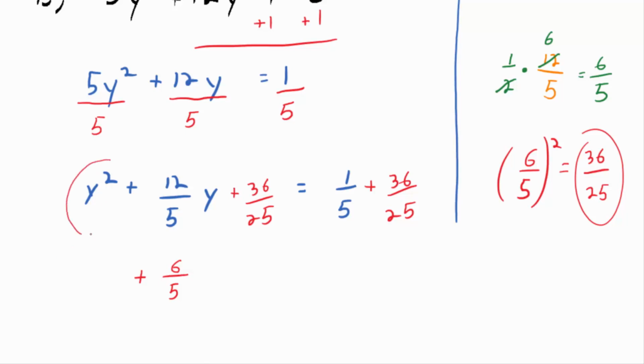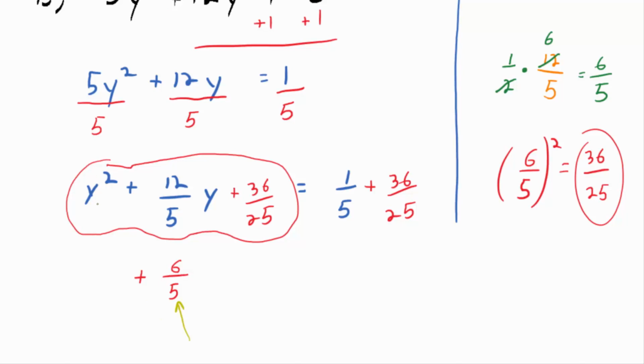Now, what does y squared plus 12/5 y plus 36/25 factor to be? You might think you really need to think about this hard, right? But you don't, because you wrote down the plus 6/5 ahead of time. It always factors the same way.